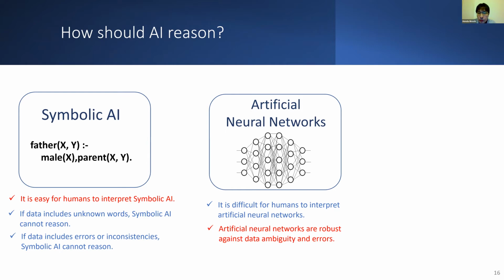On the other hand, artificial neural networks have a weak point, such as that it is difficult for humans to interpret them. Artificial neural networks have a strong point, such as that they are robust against data ambiguity and errors.